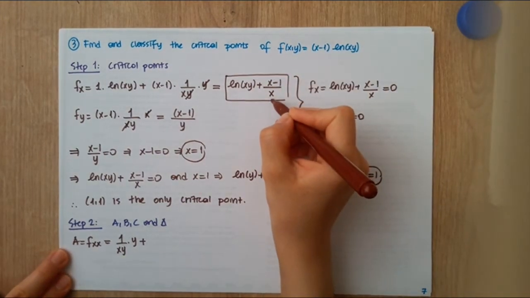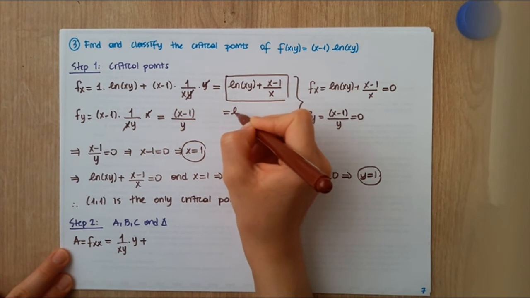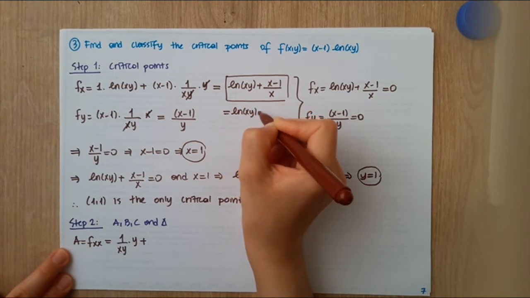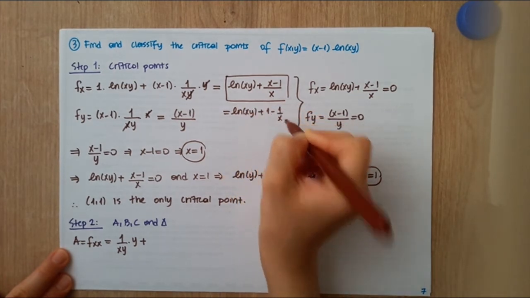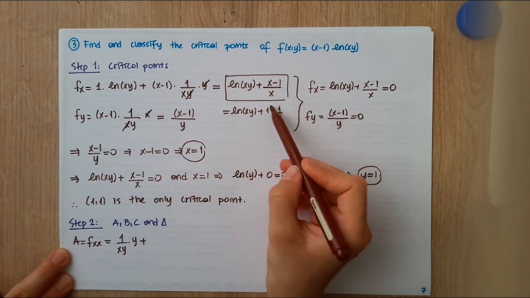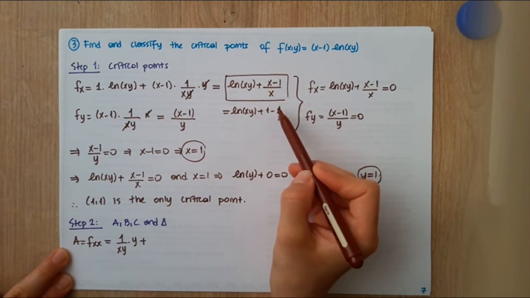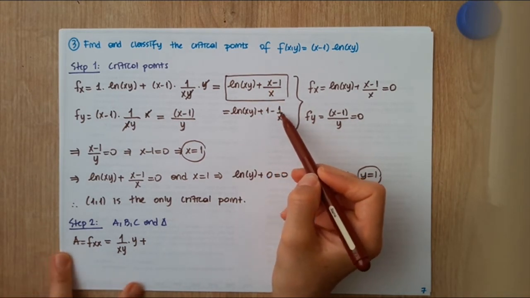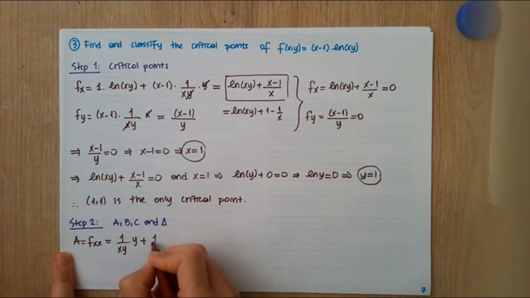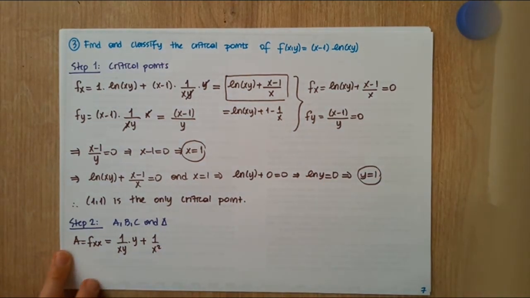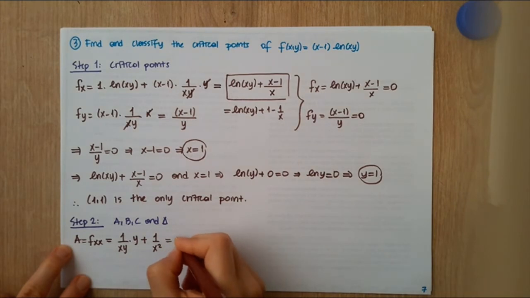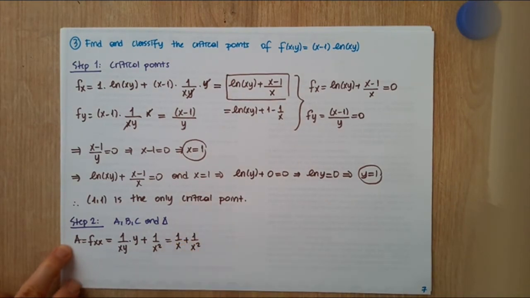Here, if you rewrite this term like that, natural logarithm of xy plus 1 minus 1 over x. This can be rewritten like that. Derivative of 1 is 0, and the derivative of minus 1 over x will be plus 1 over x squared. Okay, so I have 1 over x plus 1 over x squared here.